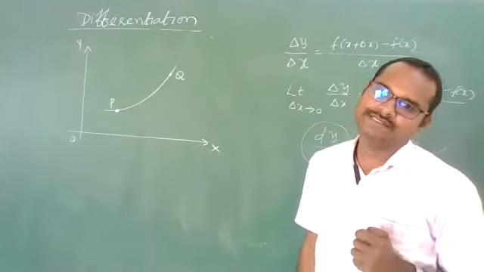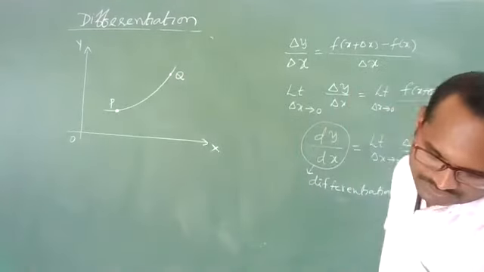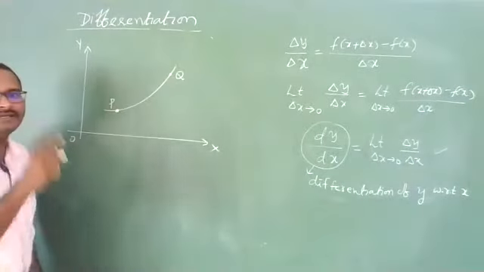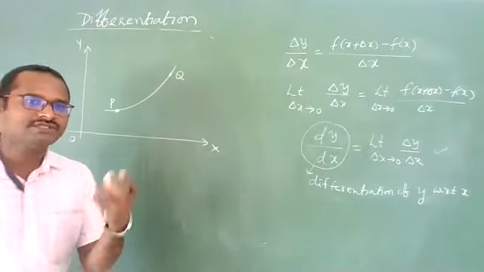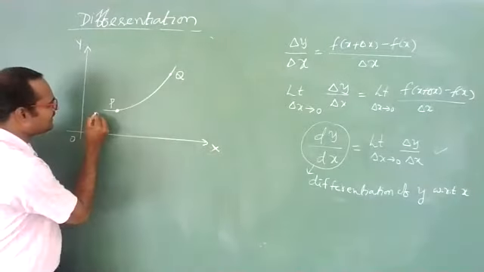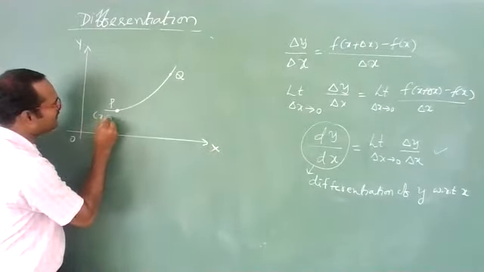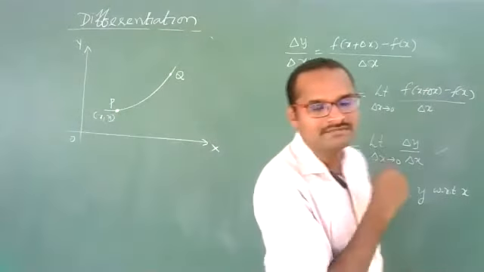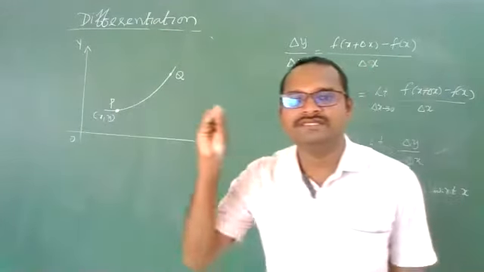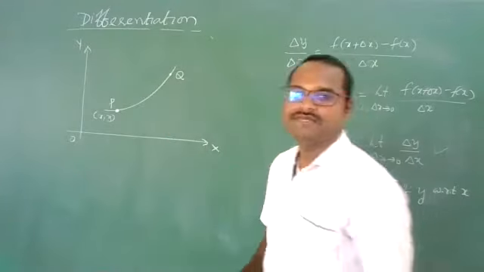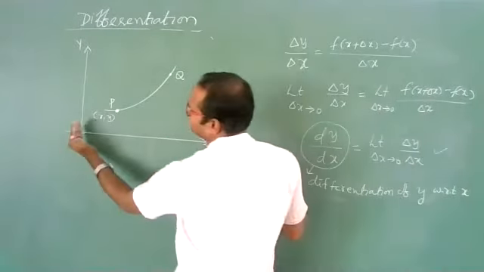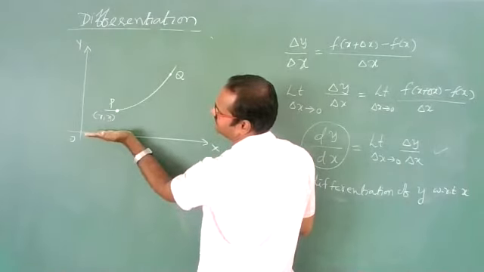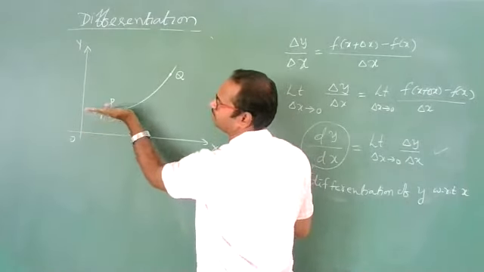Clear, students? Now, how do we represent the location of a point in a graph? With its coordinates. It can be represented by x comma y. Clear, students? The location of point P in this graph is x comma y. That means along the x-axis it is at a distance of x, and along the y-axis it is at a distance of y.